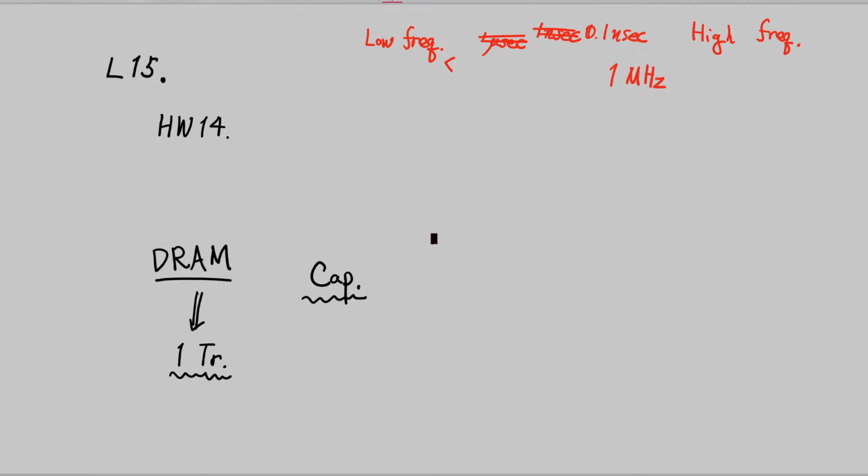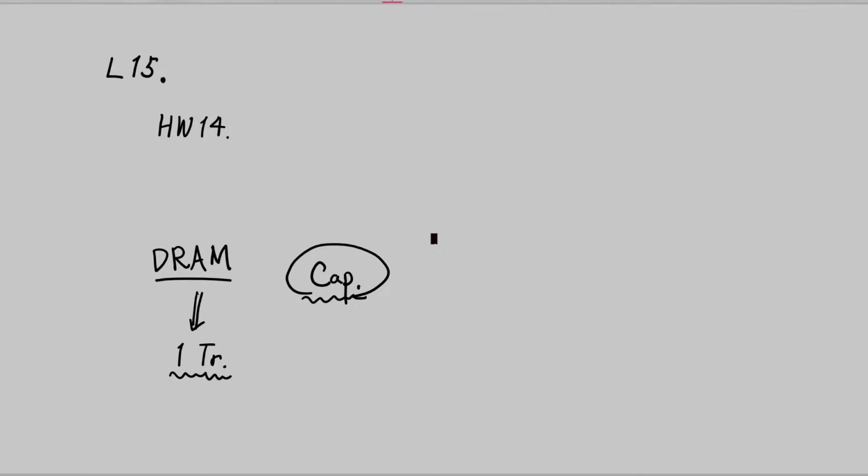Otherwise, our estimation of retention time regarding this external capacitance does not give us the exact result for our DRAM retention property. Data retention in the case of DRAM is like this.